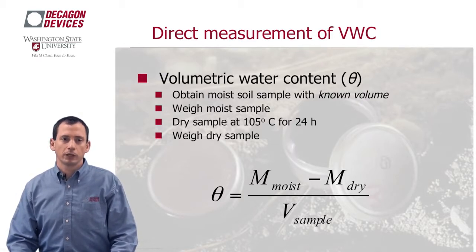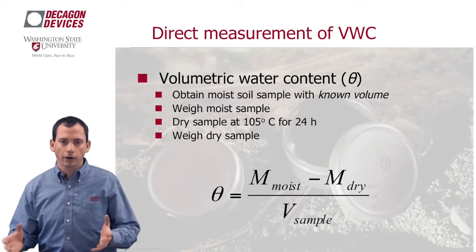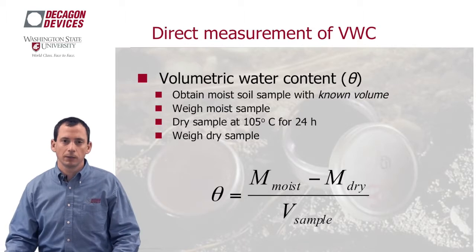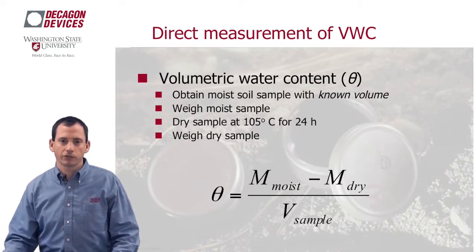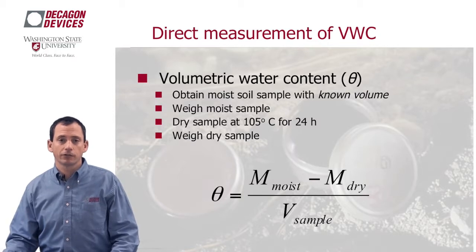The difference between the moist mass and the dry mass is the water that was lost during drying. Because the density of water is 1, the mass that was lost is the same as the volume that was lost, and so that gives you the numerator. So the volumetric water content, or theta there, is directly determined basically by loss on drying.